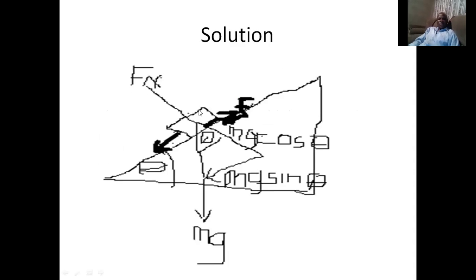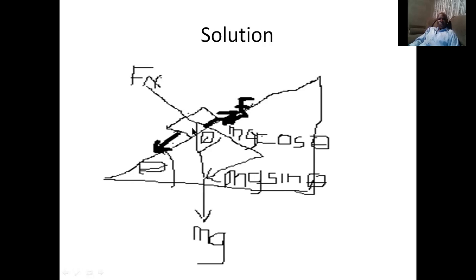So we have a book resting here, and we want to find the angle. In other words, mg sin theta will be equal to friction, so the object will not move. If mg sin theta is equal to the frictional force, it will remain stationary.